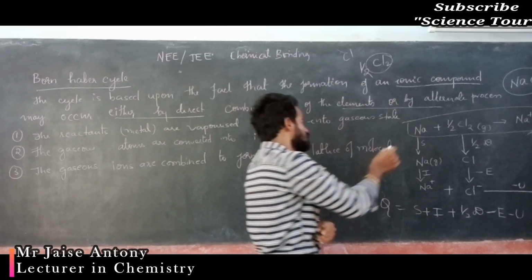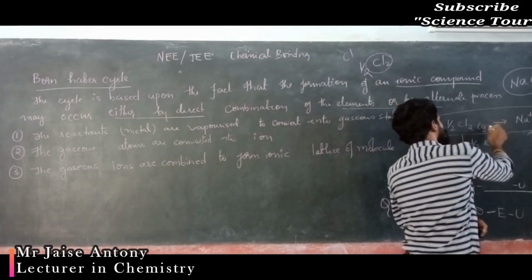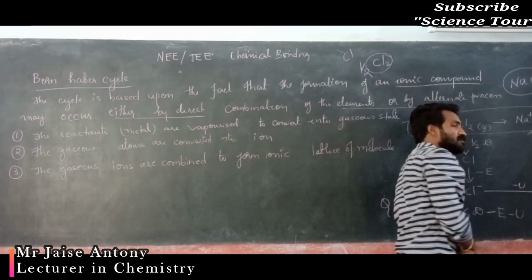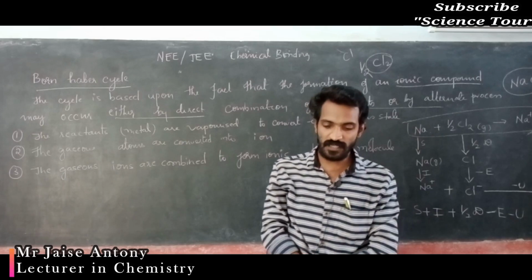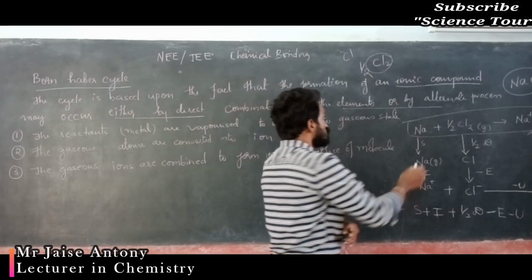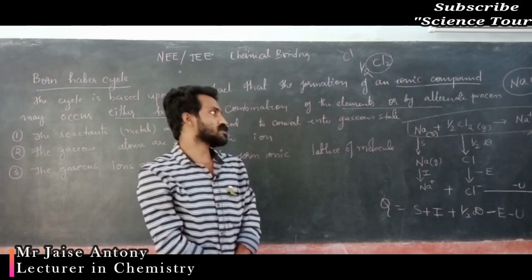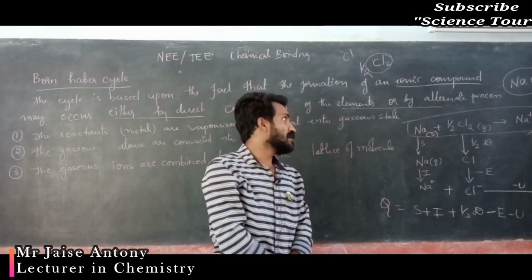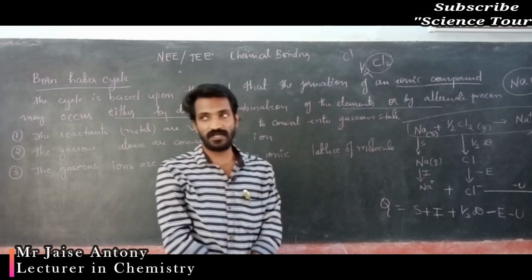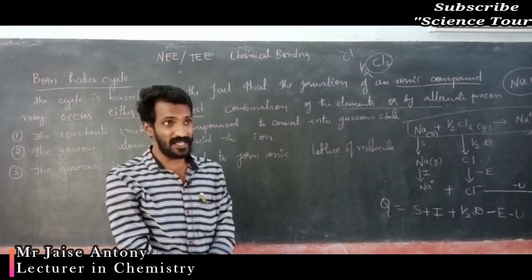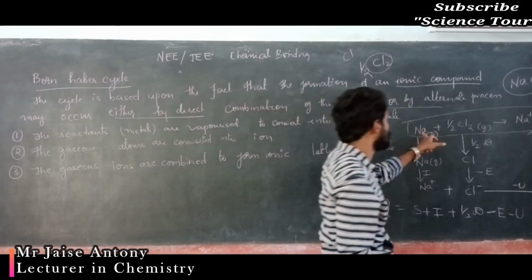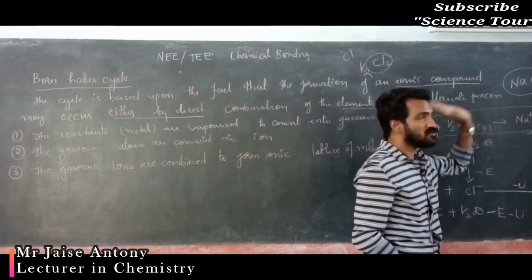So it is written Na solid plus half Cl2 gas gives sodium chloride crystal. Sodium is in solid form, chlorine is gaseous, and it gives sodium chloride crystal.